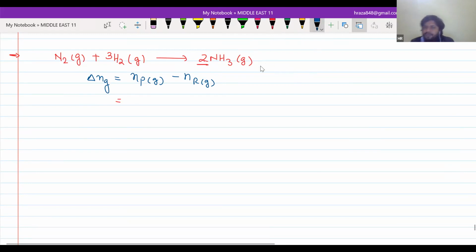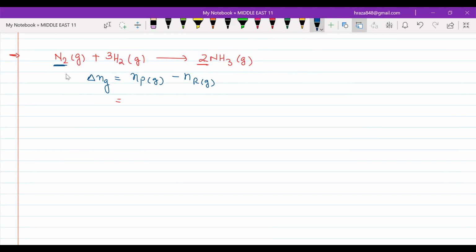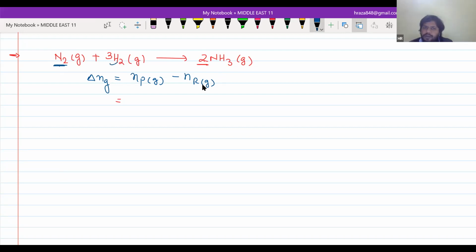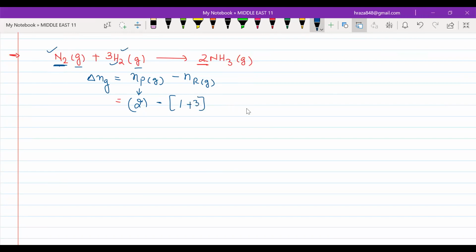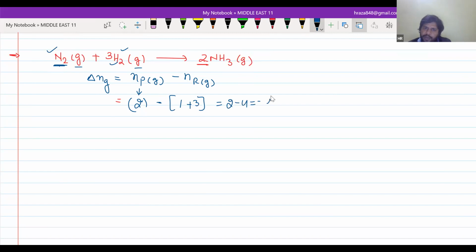What is the stoichiometric coefficient of N2? One. So 1 mole of this reacts with 3 moles of H2 to give 2 moles of NH3. Number of moles of product is 2, minus the number of moles of reactant, 1 plus 3, which is 4. So 2 minus 4 equals minus 2, right?